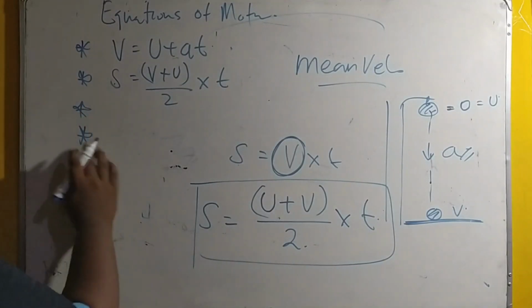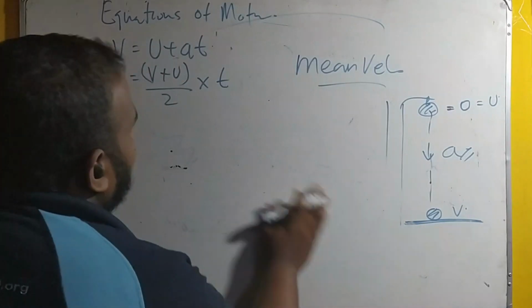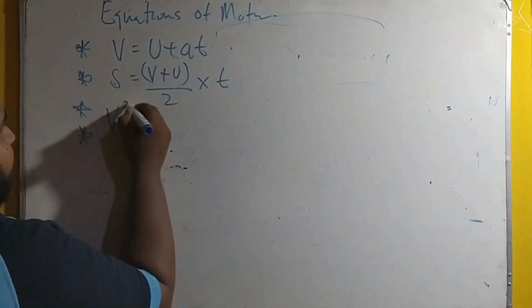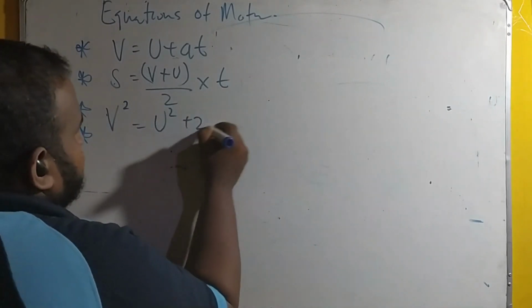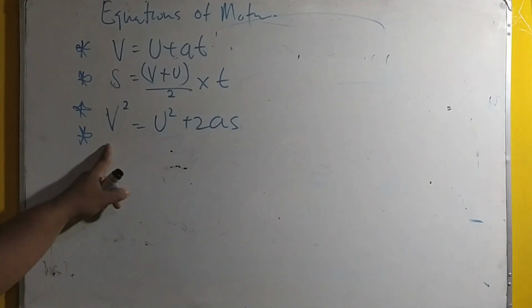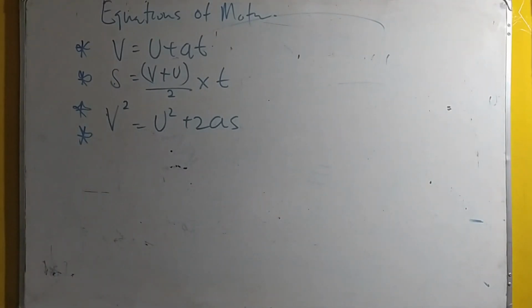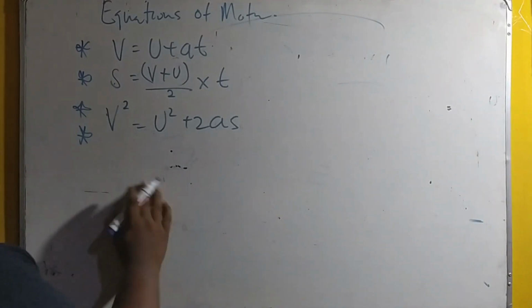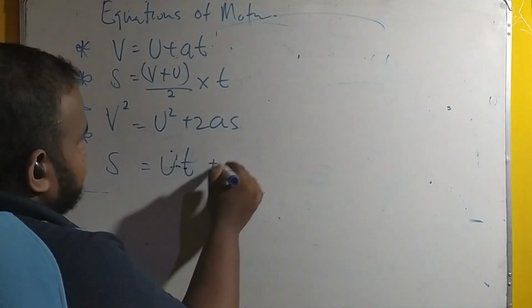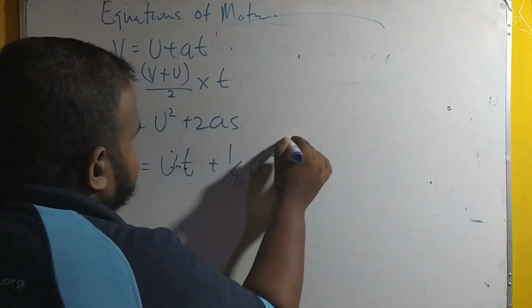And the third equation, no need to know how it is proved: v squared is equal to u squared plus 2as. And the fourth equation is S is equal to ut plus half at squared.